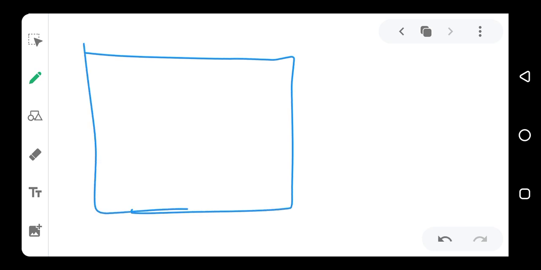We say that the universal set is represented with a rectangular box. So this rectangular box contains all the pupils, which is 70.